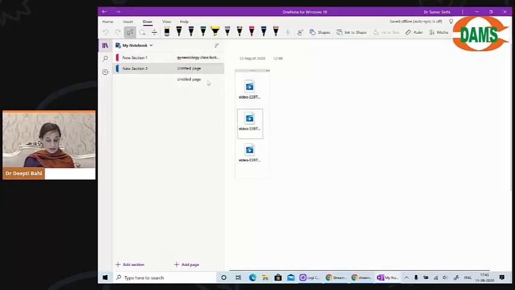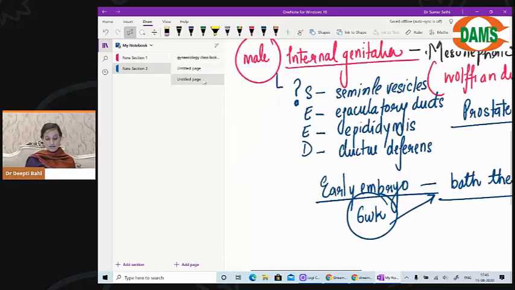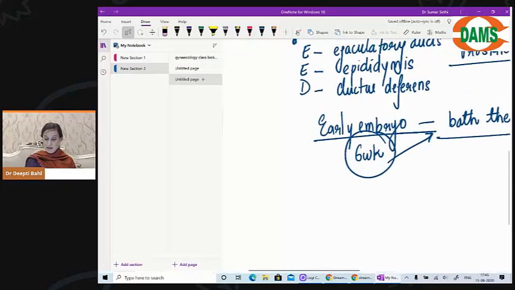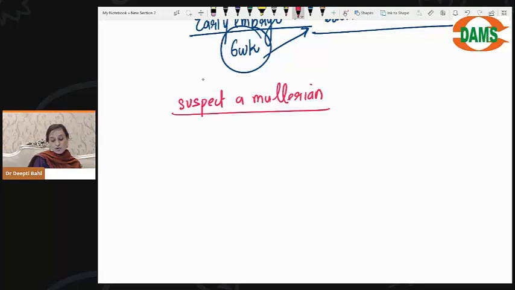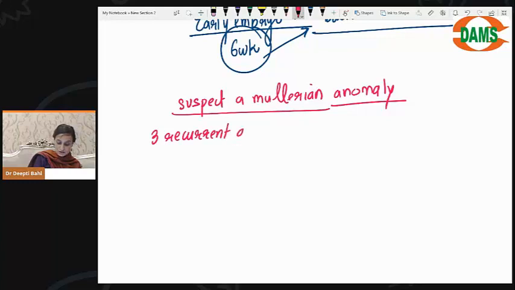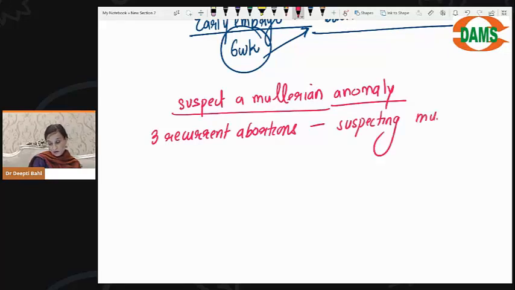Now, coming to a very important thing that you have to know. Please remember, if you suspect a Mullerian anomaly, now come to real clinics. The real clinics go like this. A woman comes to you with 3 recurrent abortions, and you are suspecting Mullerian anomaly.